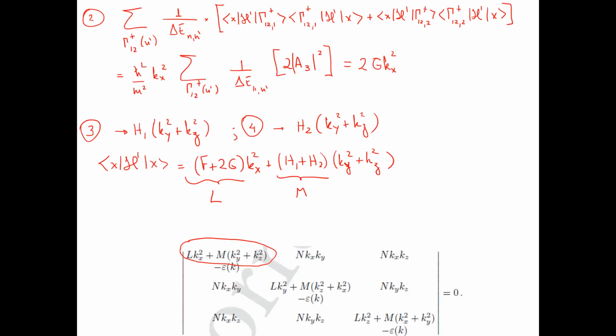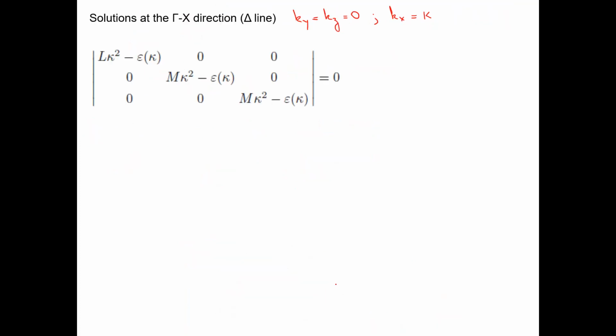So I go back here and I set ky and kz equal to 0. So you see right away that this matrix is going to be diagonal, and only kx is different from 0. And you can see right away that this is the matrix you get.